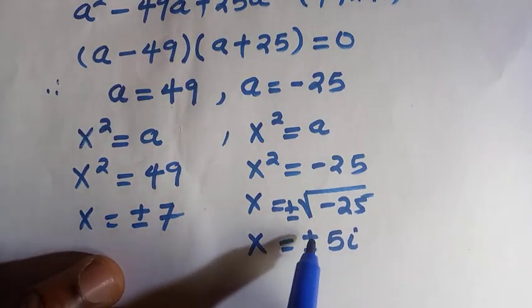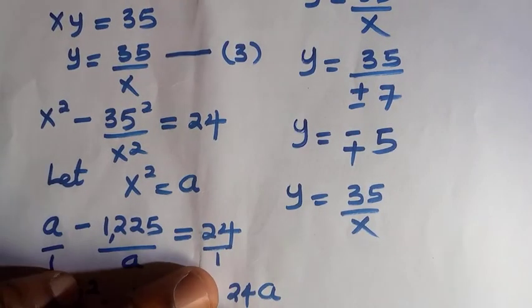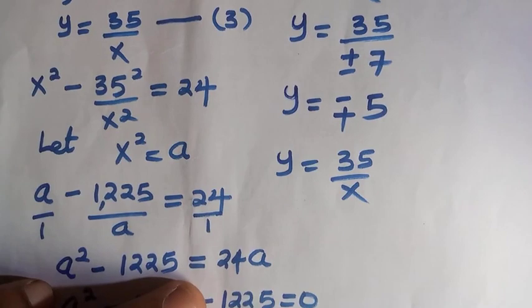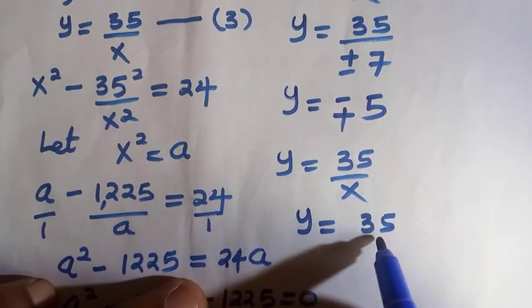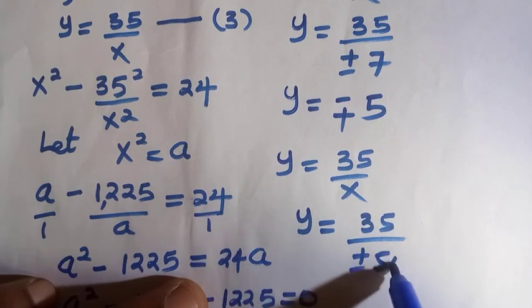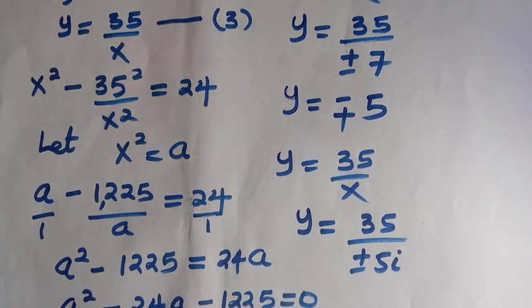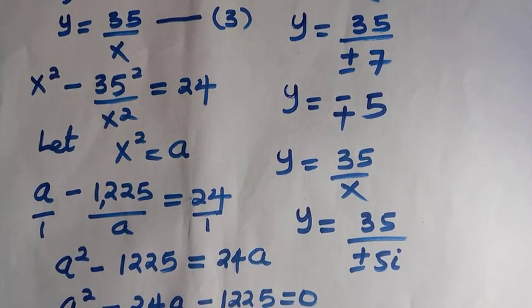Also, let's check the imaginary part, which is plus or minus 5i. By substituting the value of x, we have y equals 35 divided by plus or minus 5i.